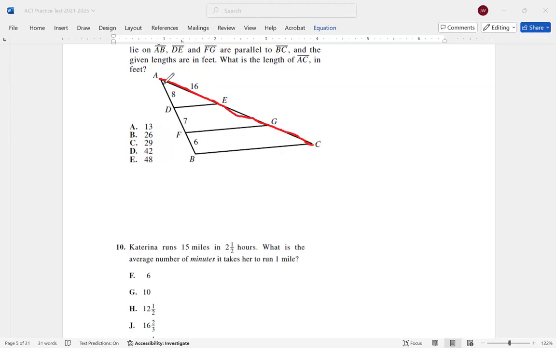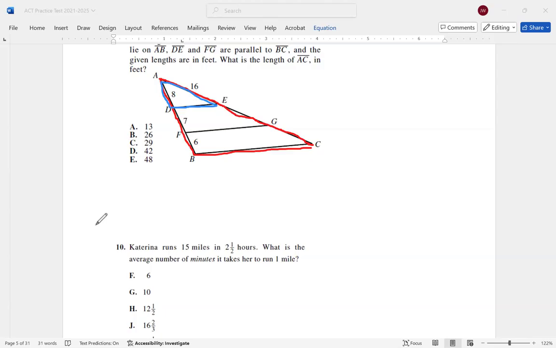Now, the key thing here is noticing that ABC is a similar triangle to ADE, where AD corresponds to AB and AC corresponds to AE.